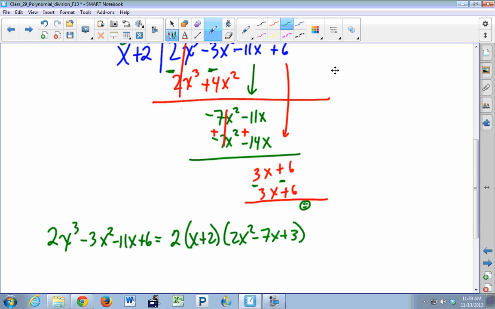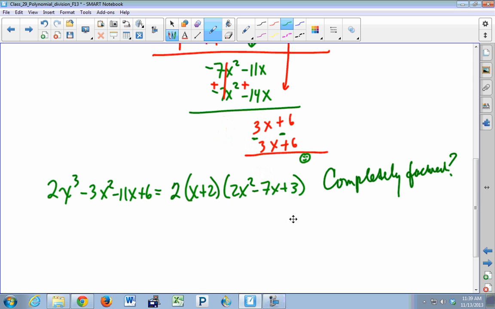So now the question is, is this completely factored? Can I factor this any further? Using any method, using your old method, a new method, can we factor that?